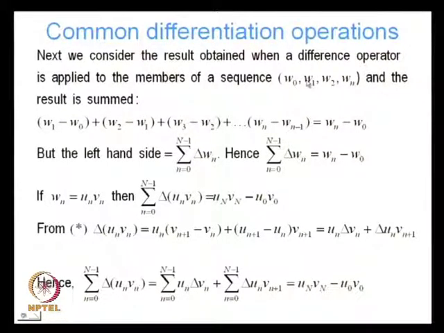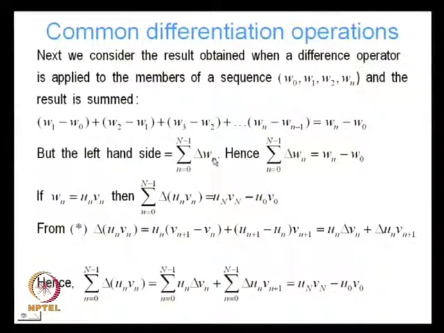Then I operate with the difference operator on W1, so I get W2 minus W1, operate on W2, I get W3 minus W2, and so on and so forth, Wn minus W(n minus 1). If I add them together, I am left with Wn minus W0. But the left hand side is nothing but sigma n equal to 0 to n minus 1 of delta Wn.